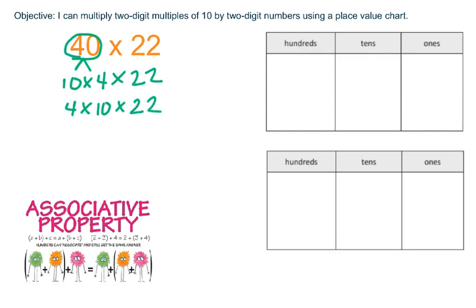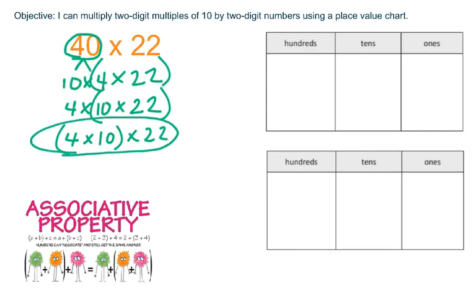Now, when I group these to decide how I want to solve this problem, I could group my 4 times 22 first. I could group my 10 times 22 first. And then I could start back with my original problem. But that wouldn't really help us too much. That's why we broke it apart in the first place. This would have been what we originally started with.